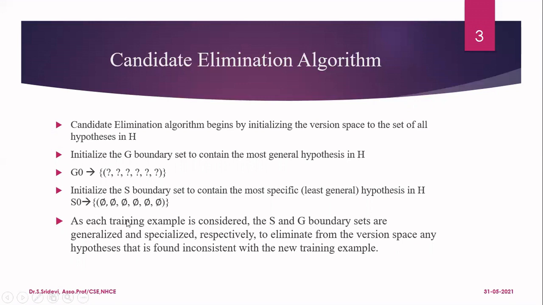As we see the training examples, the specific boundary and the general boundary are changed. Every time we consider a new example, the specific boundary may be generalized and the general boundary G may be specialized. This is done so as to eliminate from the version space any hypotheses that are found to be inconsistent with a new training example.